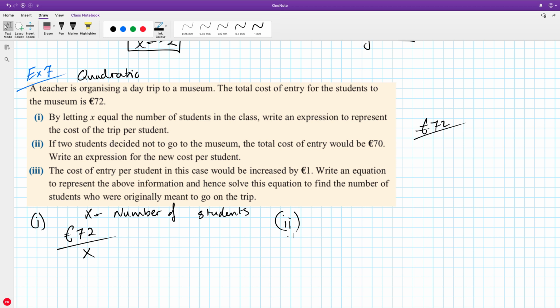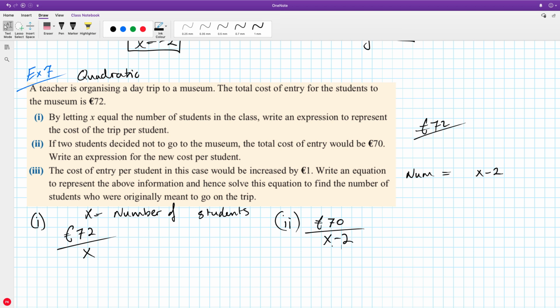Is the same number of students going? No. X minus 2. So the number of students now is X minus 2. Abby, is the price the same? No. It's now... So create an equation for me now. Brilliant. 70 over X minus 2.